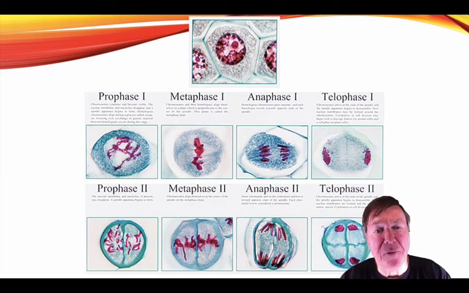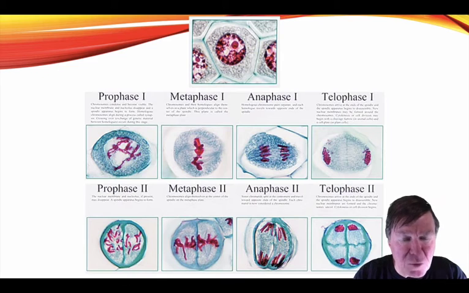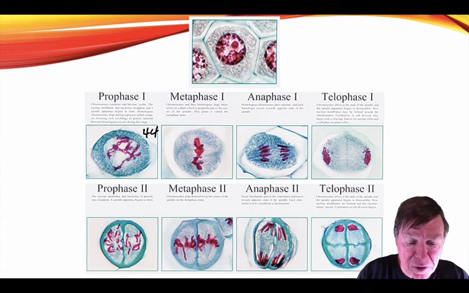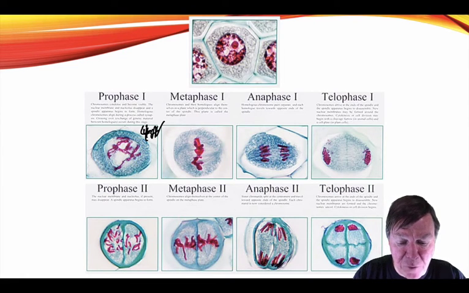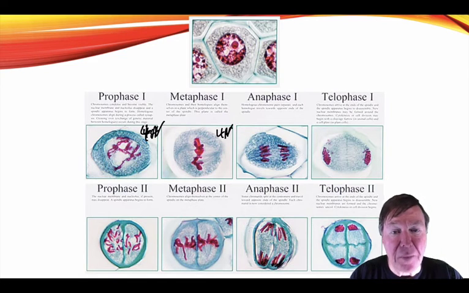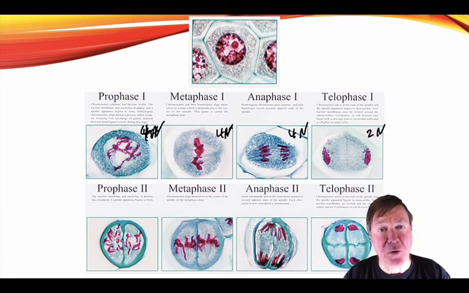Seeing it in a photograph, you can see the phases. Prophase 1, you start with 1 cell. You have the cells in prophase 1, this would be 4N, still 4N. Metaphase. Still 4N. Now we're down to 2N because we've split it up in telophase 1.